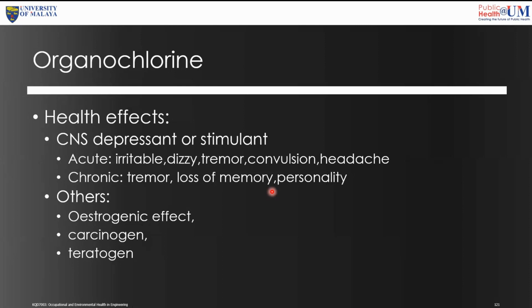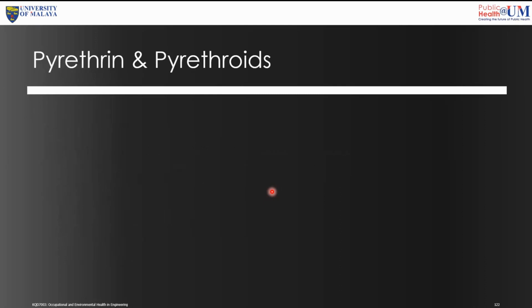That means when you are exposed to those chemicals, you develop female characteristics in a male. This will happen in animals, where you can see it, but also in humans, you might develop breasts and things like that because of the estrogenic effect of the chemical. Of course, it can also be carcinogenic and teratogenic. Pyrethrin and pyrethroid.